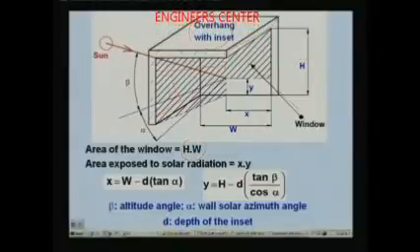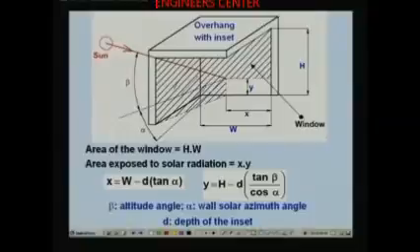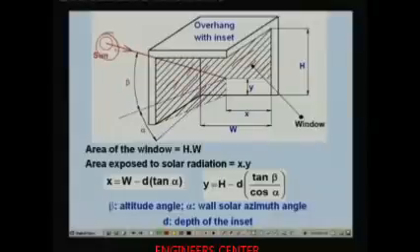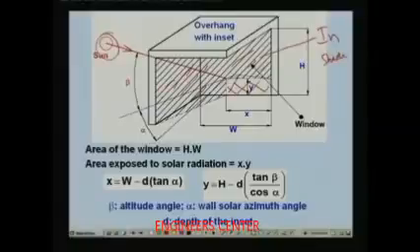If you are using an overhang, this hatched area, when the sun is at this particular position, is not exposed to direct radiation, that means this is in shade. Only this much area is exposed to solar radiation.